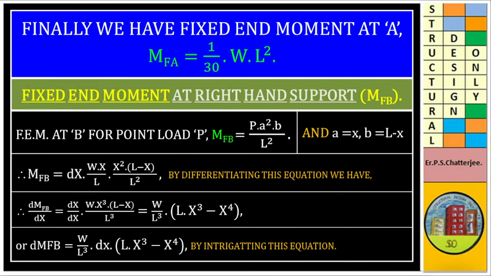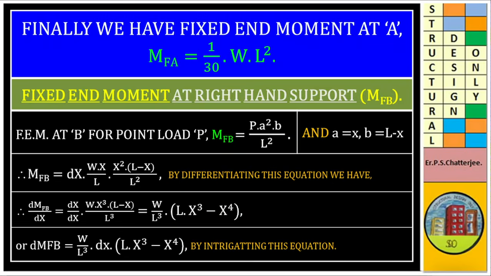Fixed end moment at B for point load P is equal to MFB is equal to P A square B by L square. And here A is equal to X, B is equal to L minus X. Equal to ∫dx W X by L into X square into (L minus X) by L square.